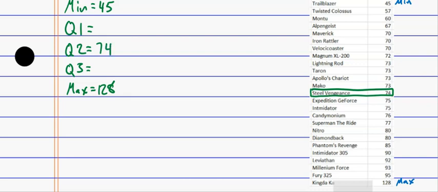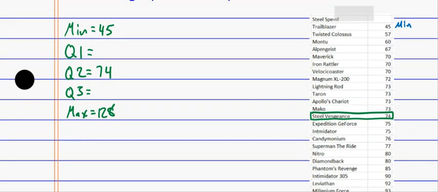And so now if I look at the first half of the data, there's 12 data values. So again, if I do my n plus 1 divided by 2, at 12 data values, that's going to mean that the median of that first half is at the 6.5th data value, which is actually halfway in between Iron Rattler and Velocicoaster.